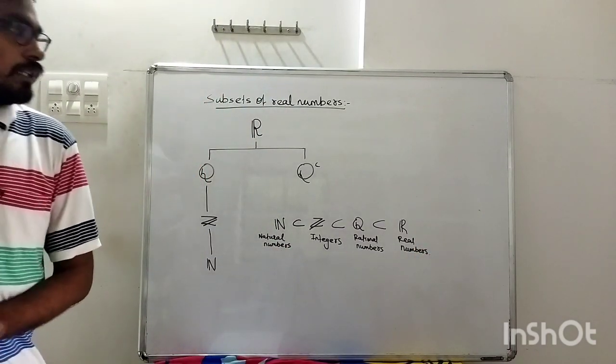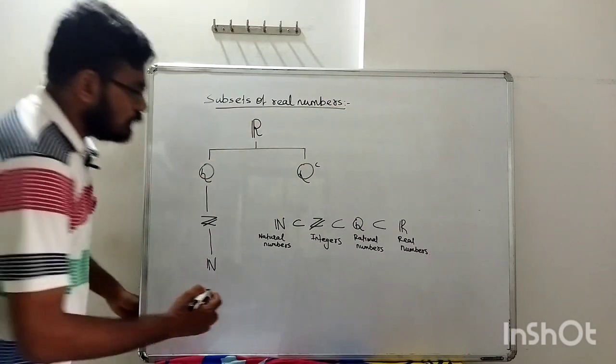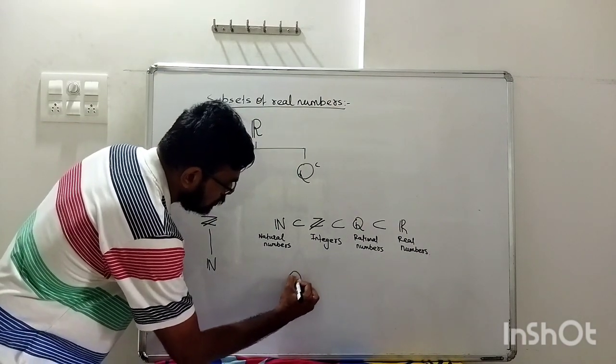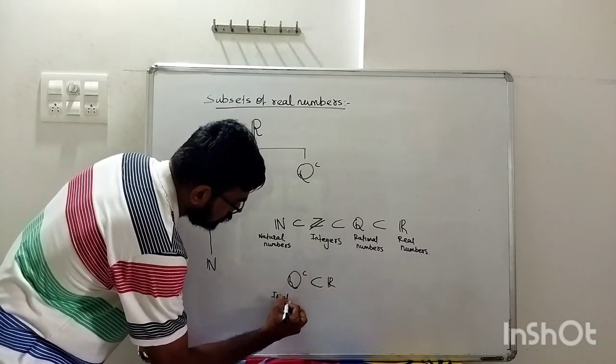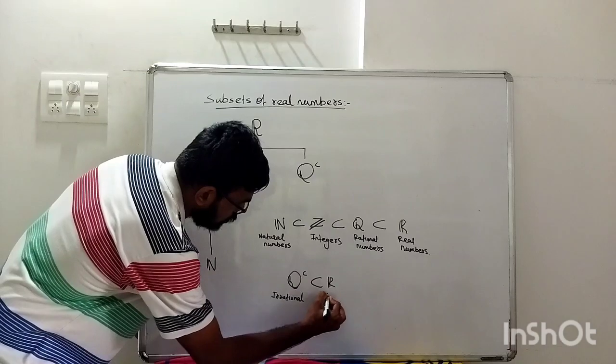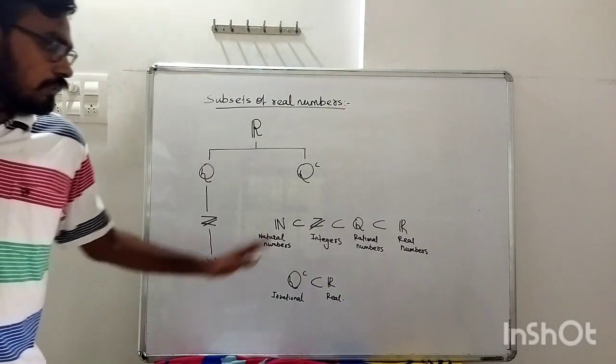Similarly, the set of irrational numbers is a subset of the set of real numbers. So this is how it goes.